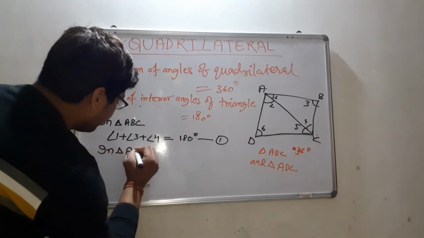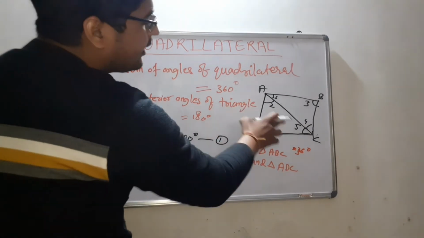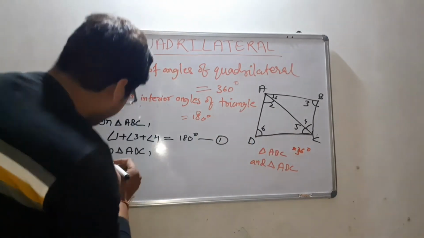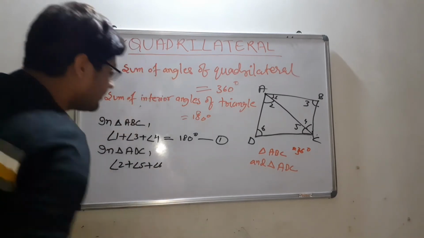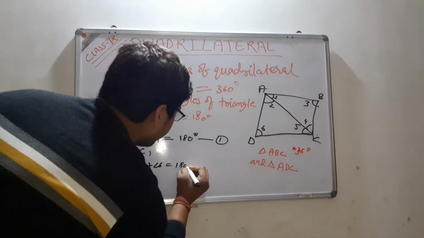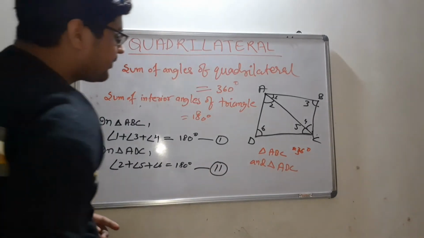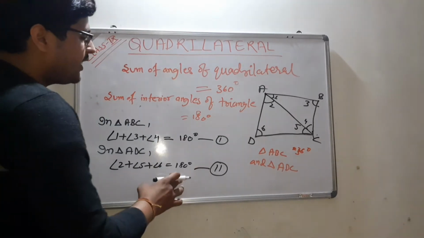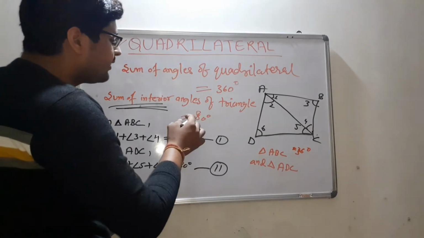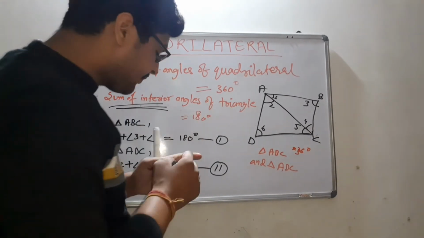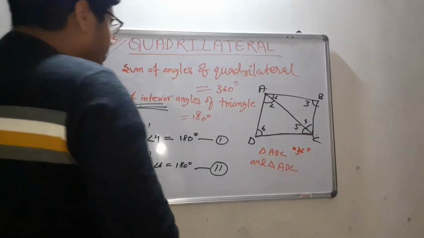In triangle ADC, we get angle 2 plus angle 5 plus angle 6, which also gives 180 degrees using the sum of interior angles of a triangle. This is equation 2. Now we will add these two equations.